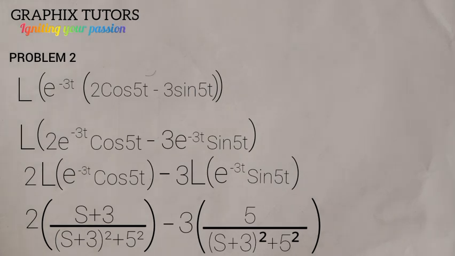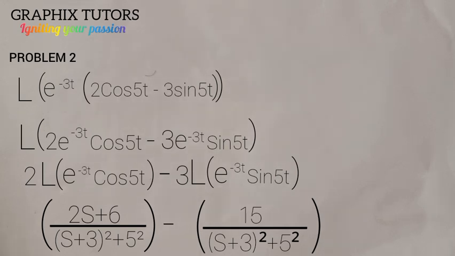Now if I expand, the 2 will multiply s plus 3, we'll be having 2s plus 6, because 2 times s is 2s and 2 times 3 is 6, all over s plus 3 all square plus 5 square, minus 3 times 5 is 15. So we're having 15 all over s plus 3 all square plus 5 square. If I like, I'll put my 5 square to be 25.